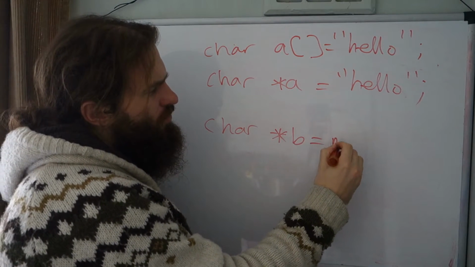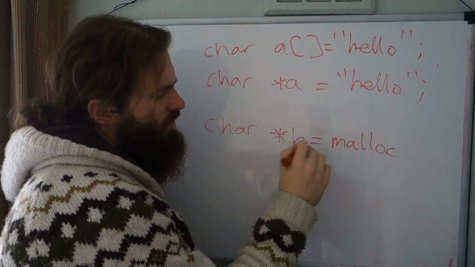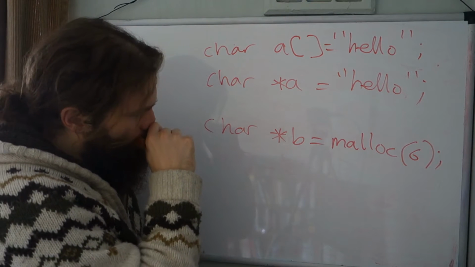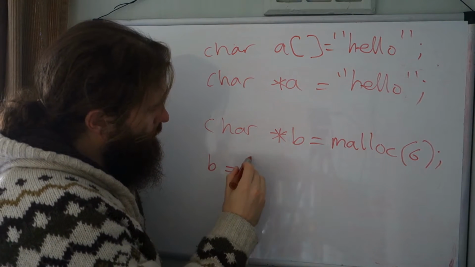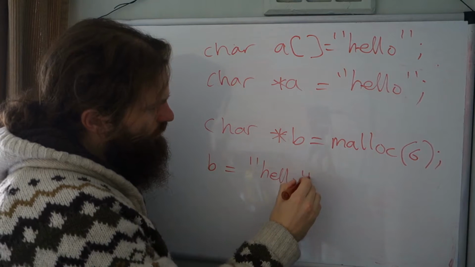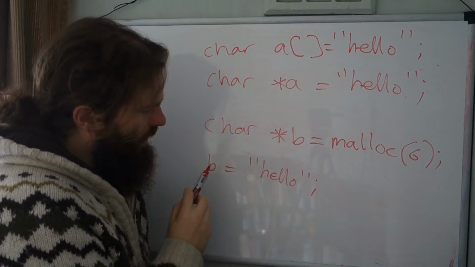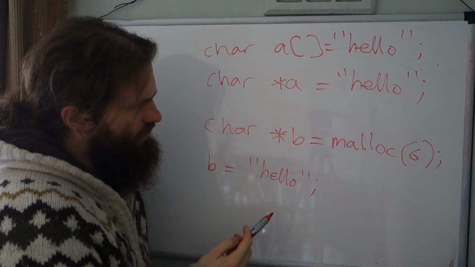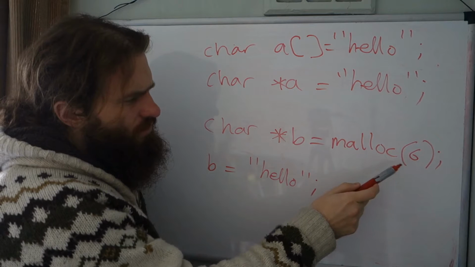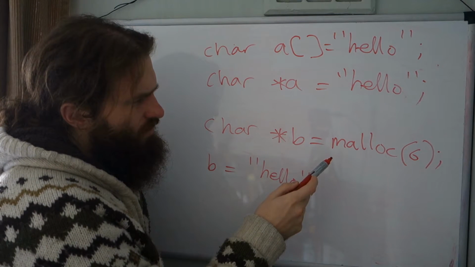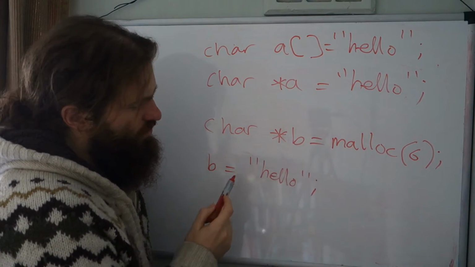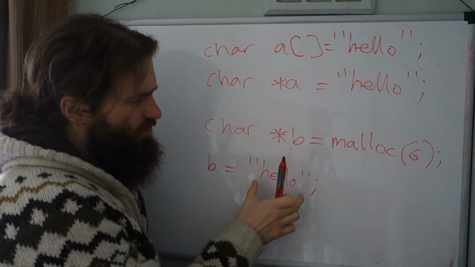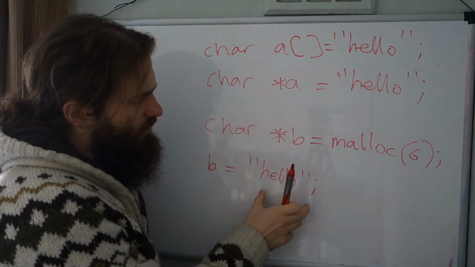If we were to declare some memory for a character array somewhere, and then we did this, what do you think will happen? Well, the memory that we allocated is just essentially going to end up unused, because we're not assigning to a character array, we're assigning a string literal to a pointer.